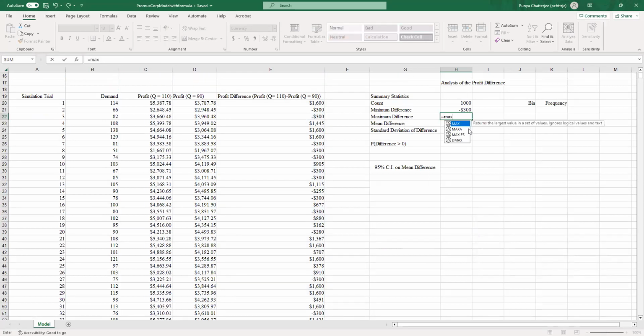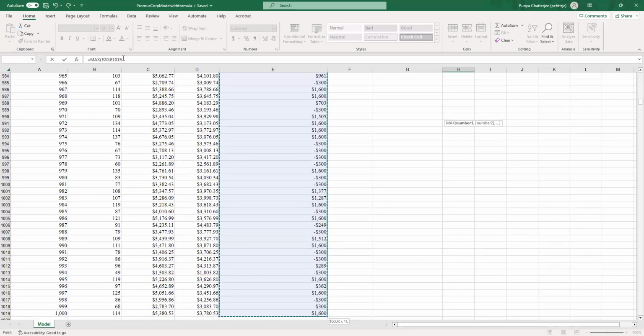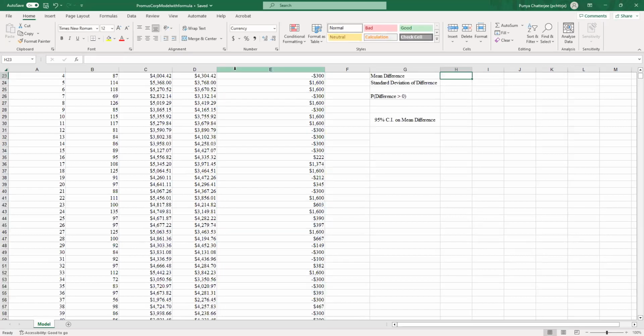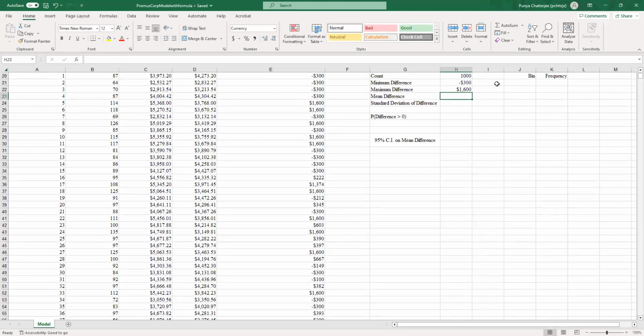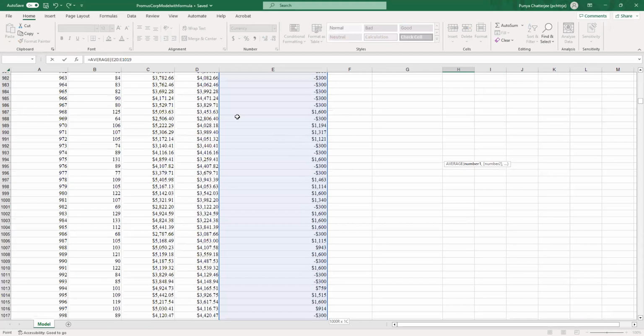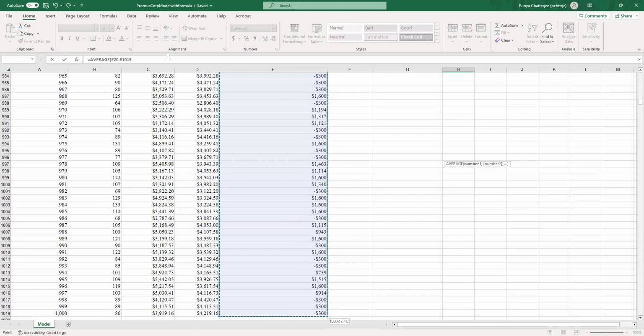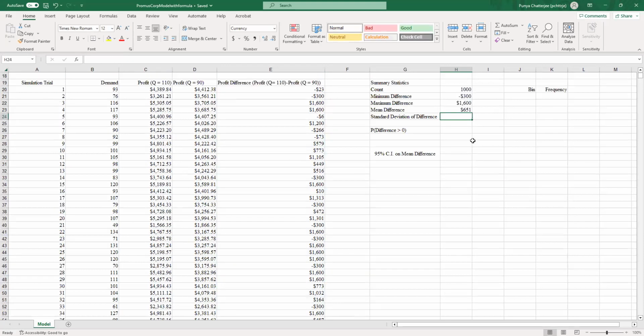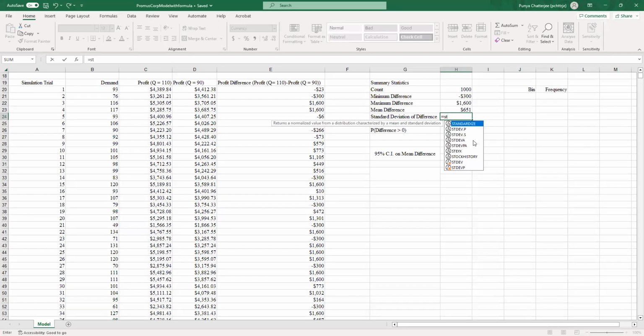Max. Again, Control Shift down. Then mean difference, you're going to use the AVERAGE function for that. And then standard deviation, you're going to use the STDEV.S function for that.